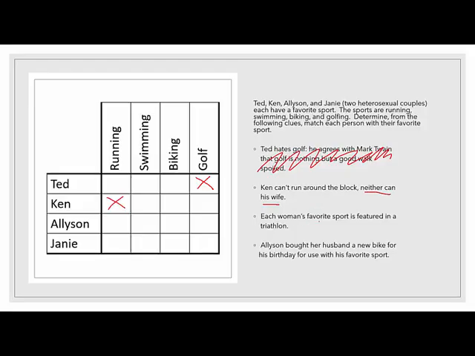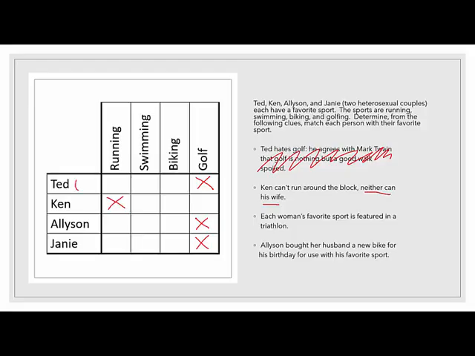Okay, each woman's favorite sport is featured in the triathlon. So we said that golf is not in the triathlon, right? So that means that Allison is not picking golf as her favorite sport, and neither is Janie. Now, something else I haven't mentioned yet, and that's that our names also imply something, right?